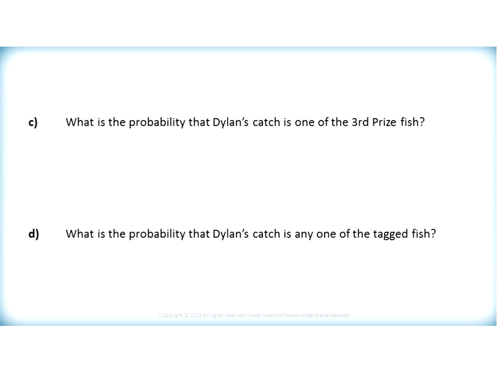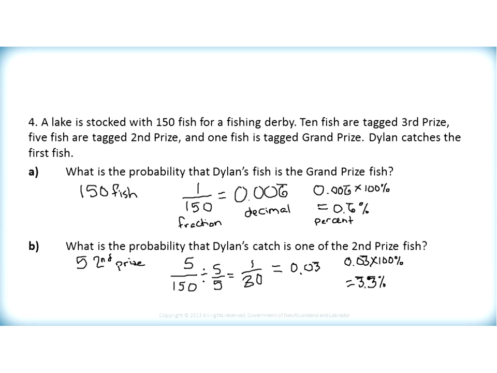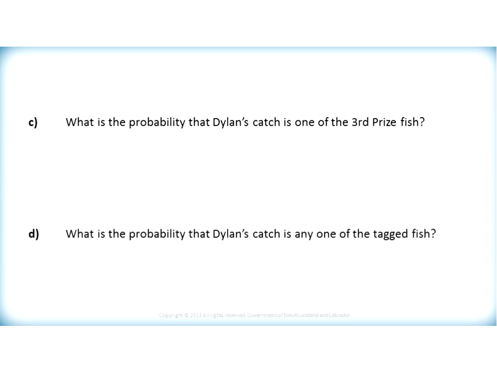What is the probability that Dylan's catch is one of the third prize fish? Well, in the problem, once again, it says that there are 10 fish tagged as third prize. So his probability is going to be 10 out of 150, because there's still 150 possible.